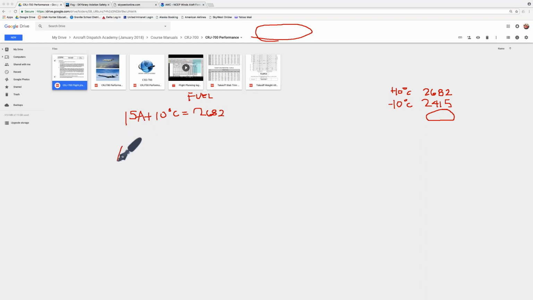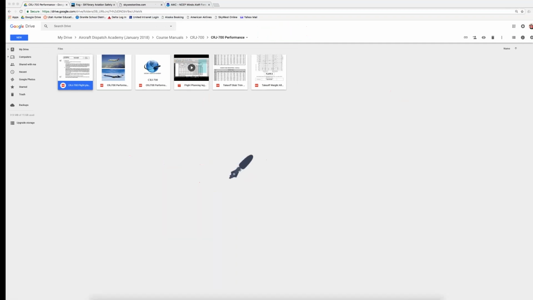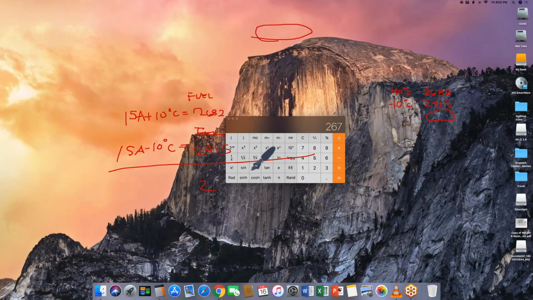Then when I did the ISA minus 10 chart, my fuel to get to the 41,000 feet was 2,415 pounds. Okay, that's a difference of 200, what did my calculator say? 267.